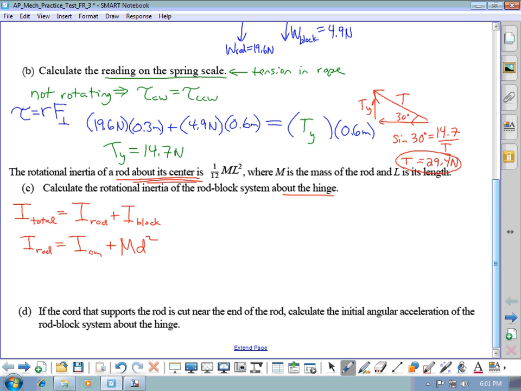What you're doing is you're looking at the rotational inertia around the center of mass, and then you treat all of the mass as if it was concentrated at the center of mass. You just lump it all into one blob at the center of mass, and the rotational inertia of just a single point-sized object is mr squared, where r is the distance from the object to the axis of rotation.